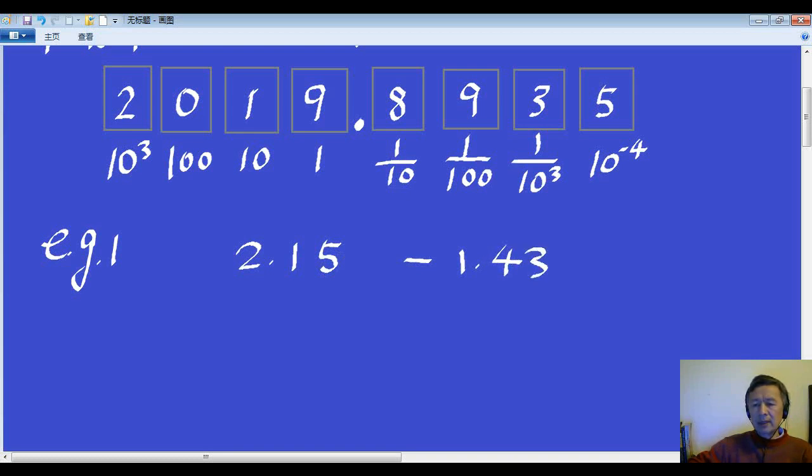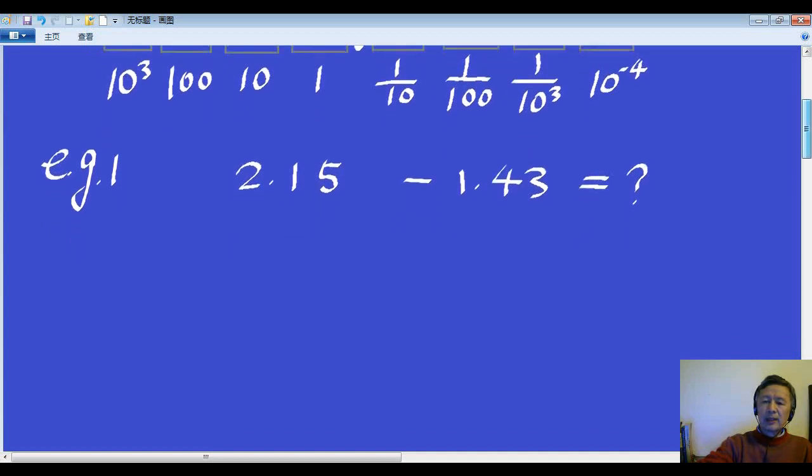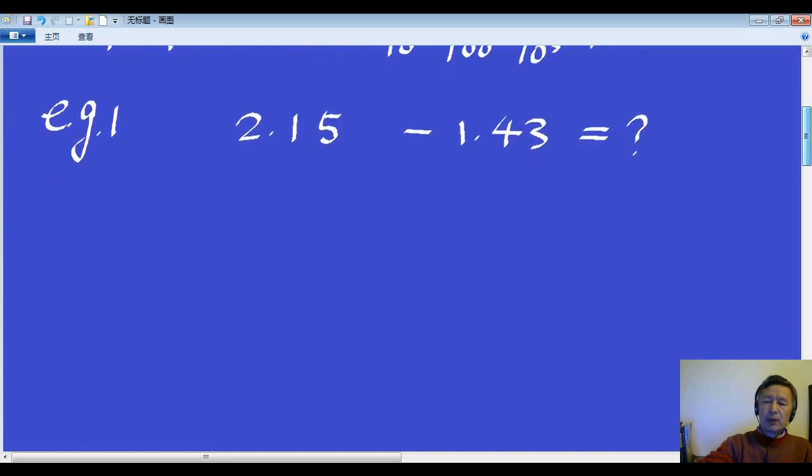Okay, we just make a hypothetical question. What is the answer to that? Of course, we know that this is just simply to put these two numbers together properly.